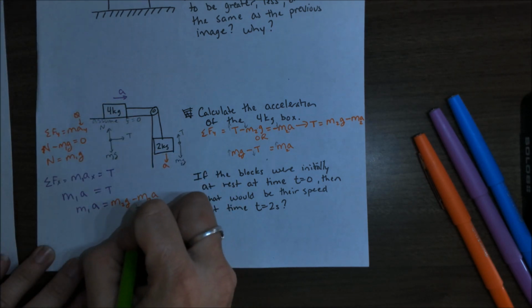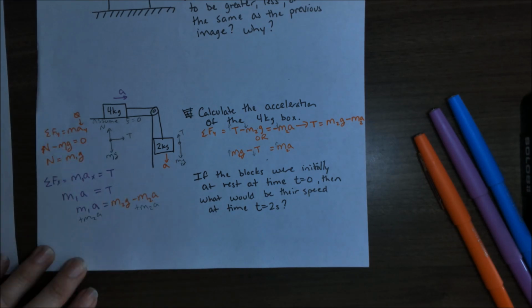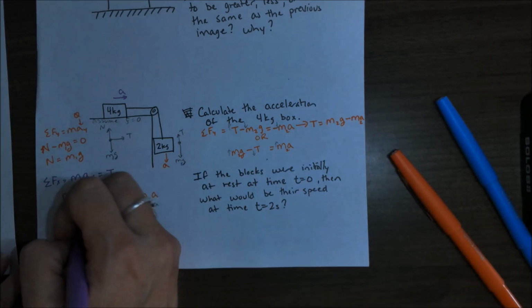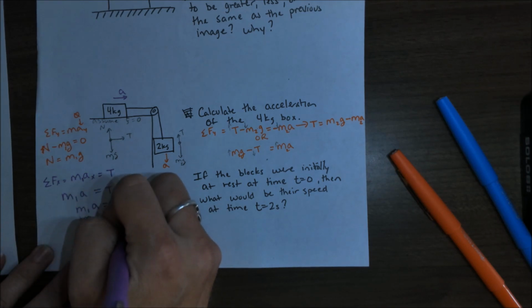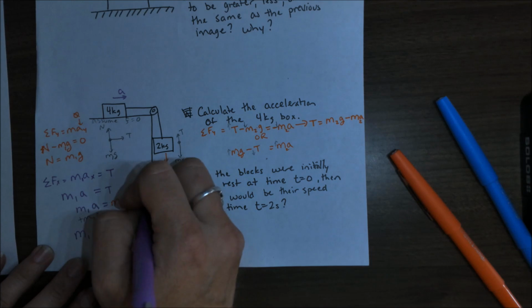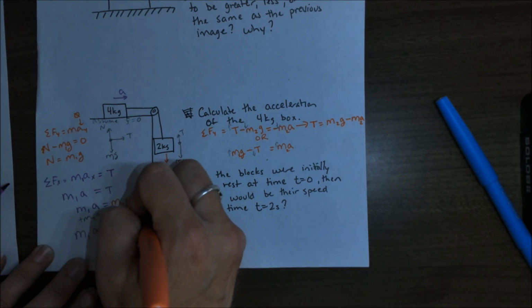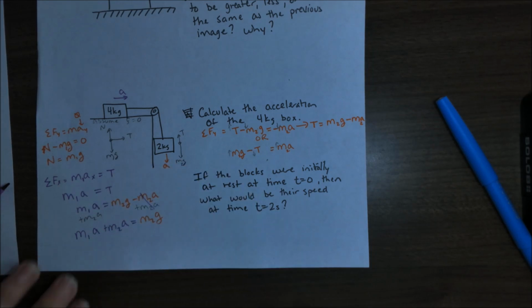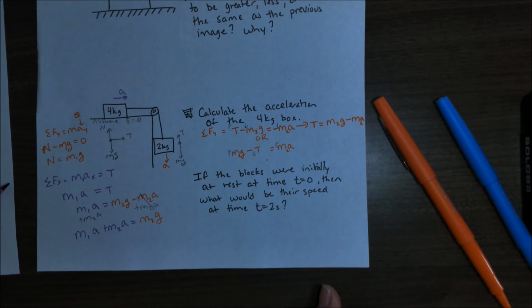So instead of subtracting M2 and A, I can add it to the other side. And so now I have M1A plus M2A equals, over here it goes away, and all I'm left with on this side is M2G.